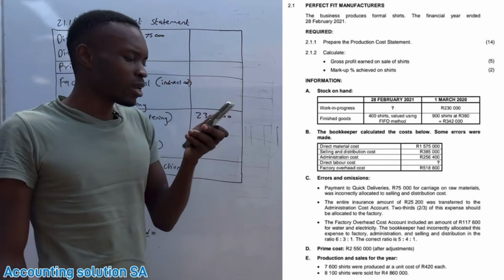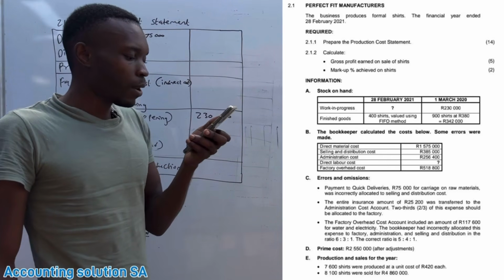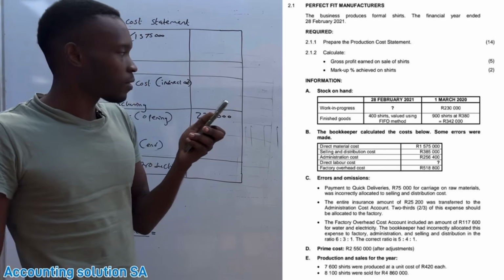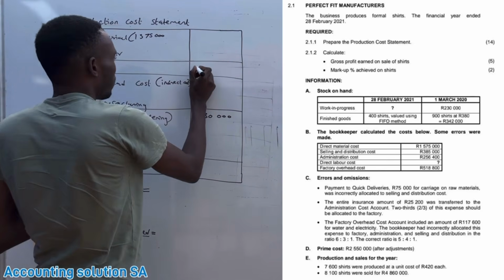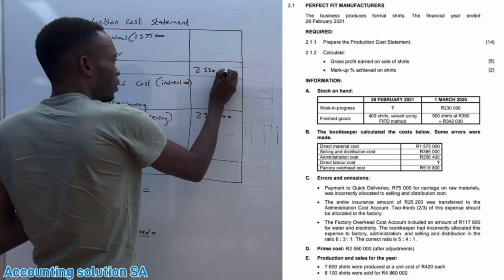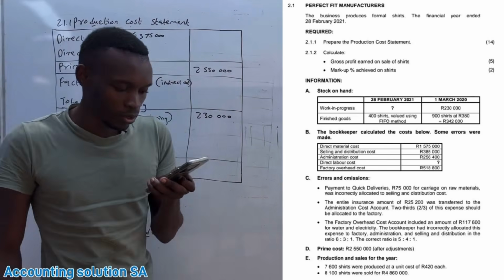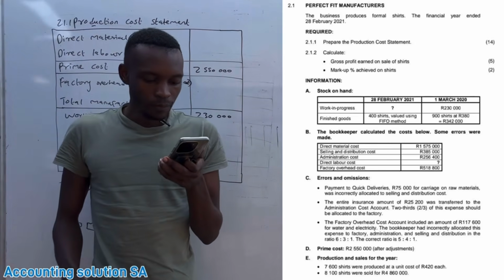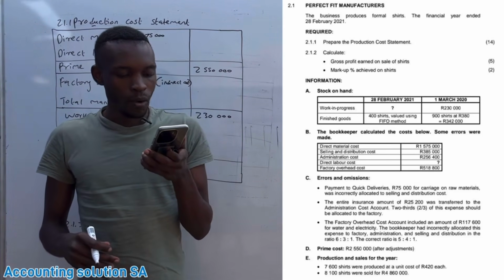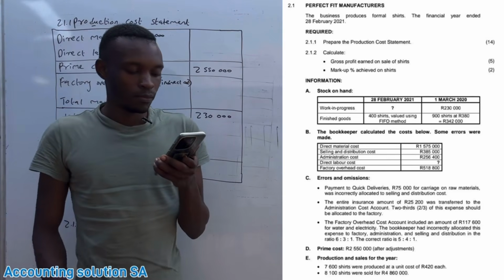If we quickly go to number D, they said the prime cost is 2,550,000. It was given as the prime cost in this question paper. Now let's check our transaction number 1 under number C.